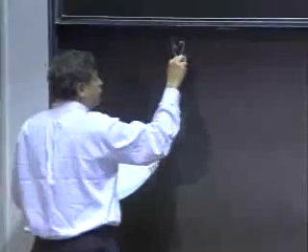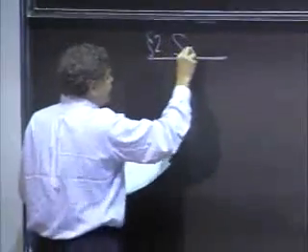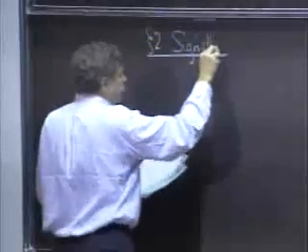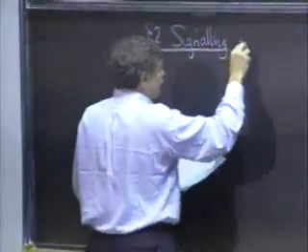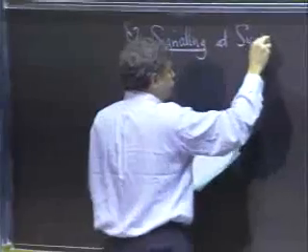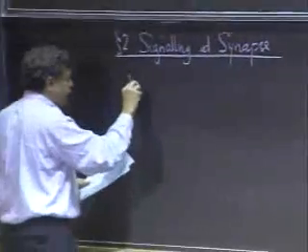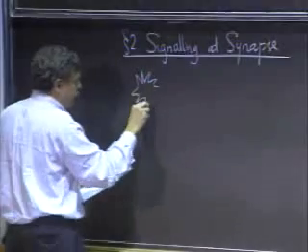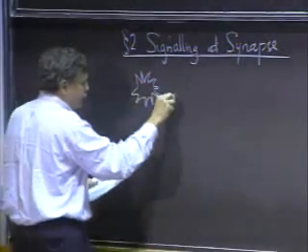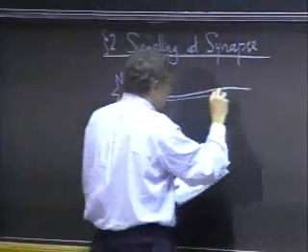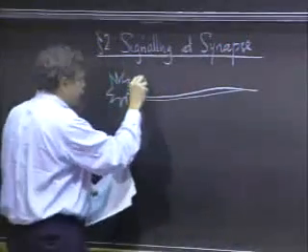So now, what I want to turn to is signaling at the synapse. So we have our cell body here. It's got its dendrites on it. Here's our axon. We've managed to get an action potential started on it.